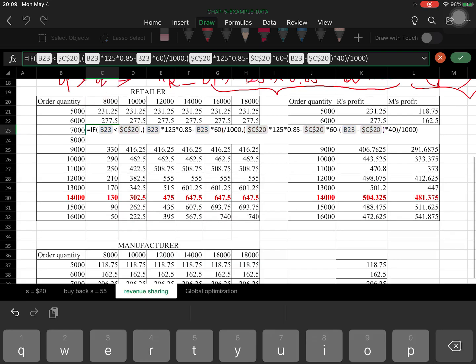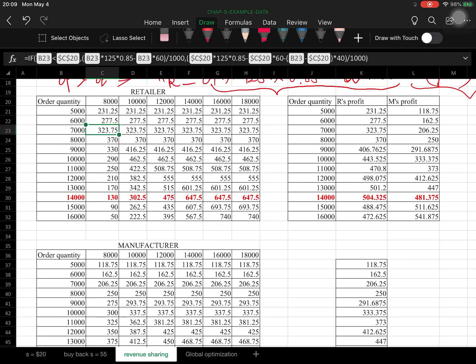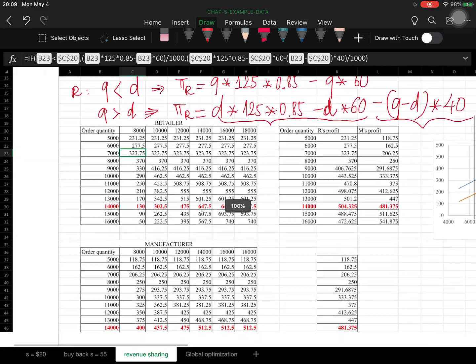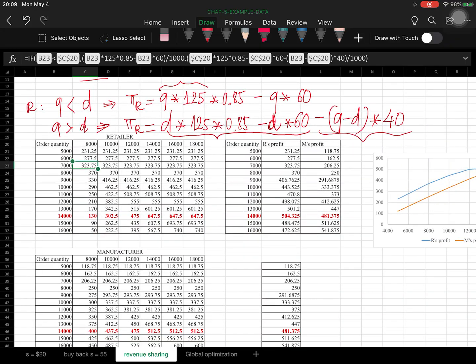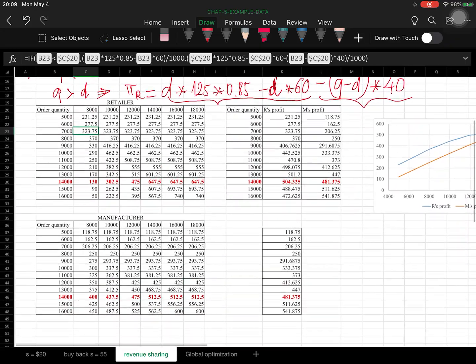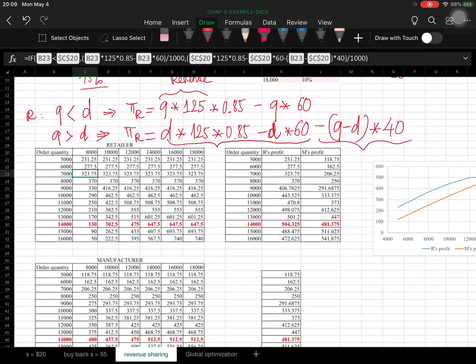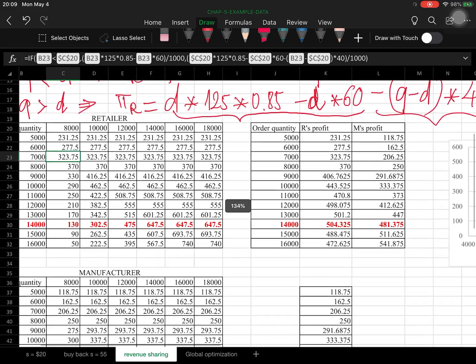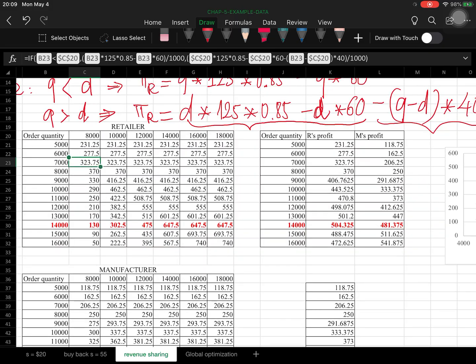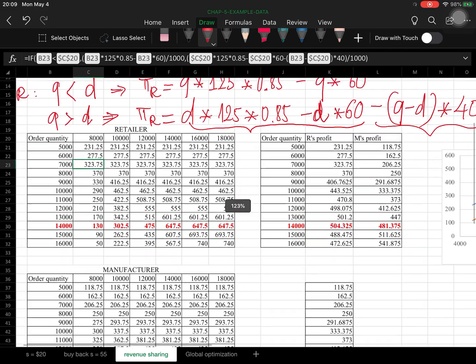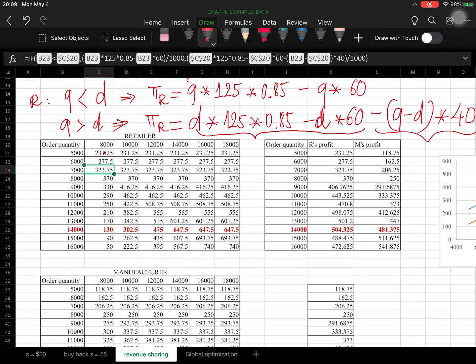Okay, so I think it's quite clear for you guys already. So for the next example I will just go faster. And remember how we calculate the retailer profit here.